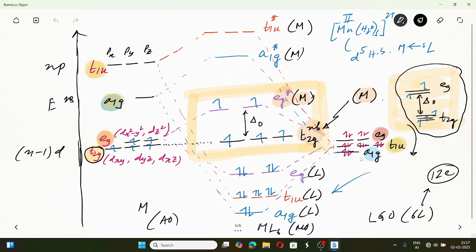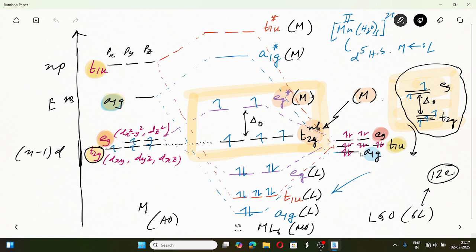Now, each of these ligands contains a pair of electrons. So for an octahedral complex of this type, the six ligands give 12 electrons. And for the metal, if it is manganese, say, it will have 5 electrons. These orbitals A1g, T1u, and Eg are of ligand character.